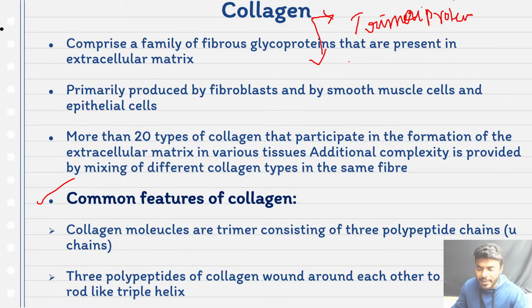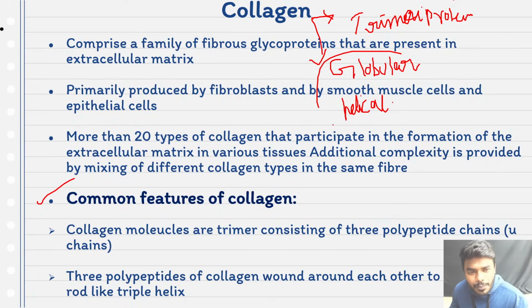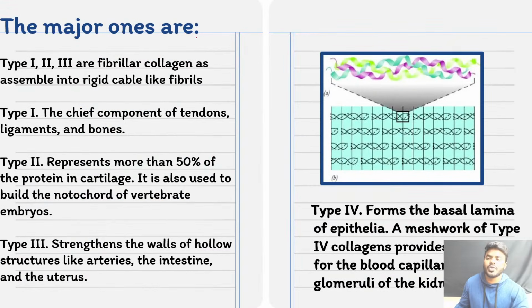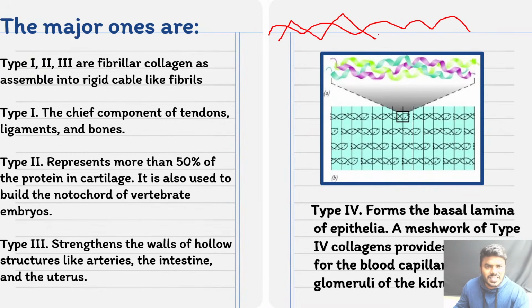Collagen is a type of protein which is globular in nature and, at the same time, helical in nature. Now how is that possible, you can ask me. All the students listen very carefully, friends. Imagine this is one chain, this is the secondary, and imagine this is the tertiary. Correct?